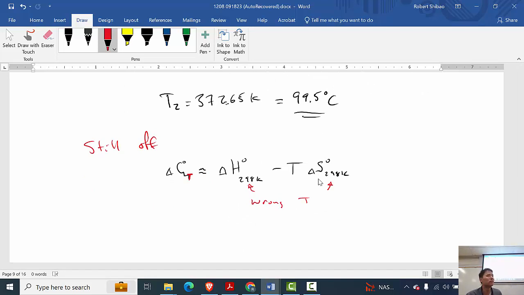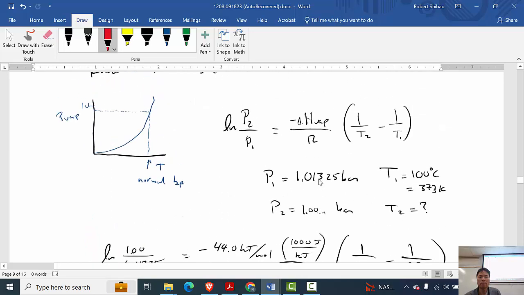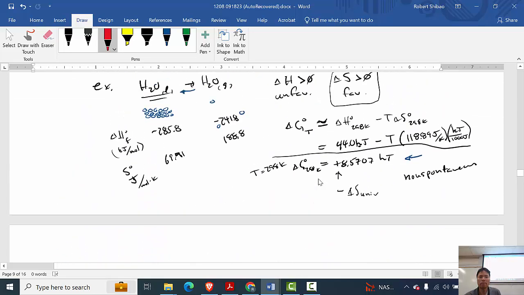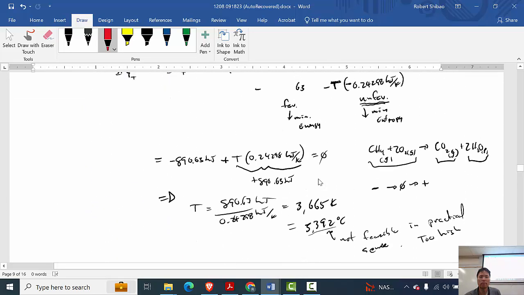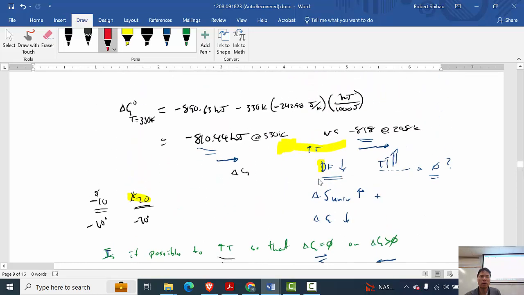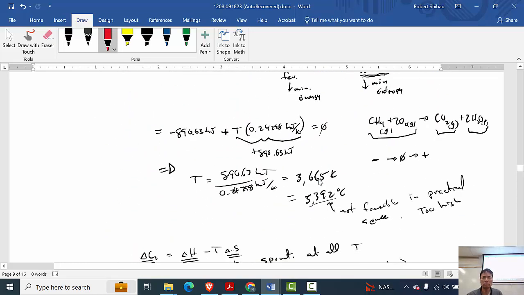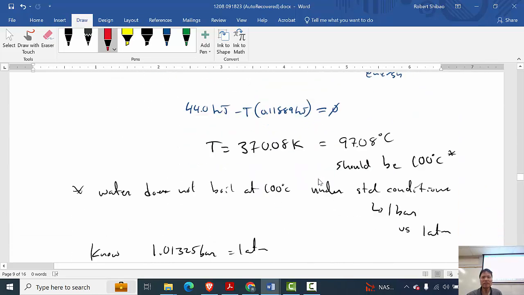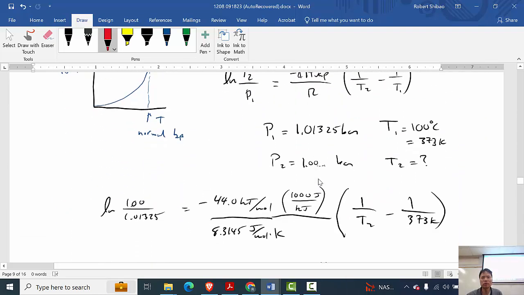Therefore, that's probably what's throwing it off. All right, so this is a more reasonable temperature to achieve.